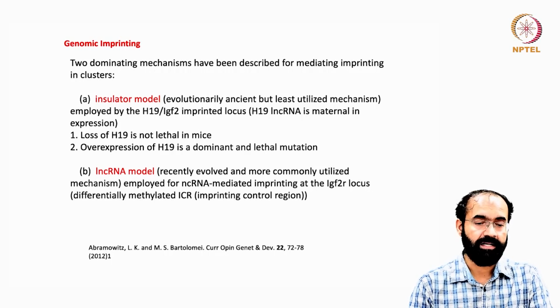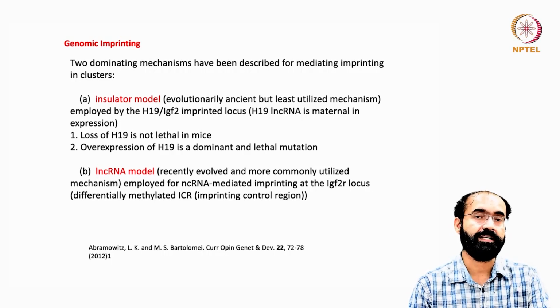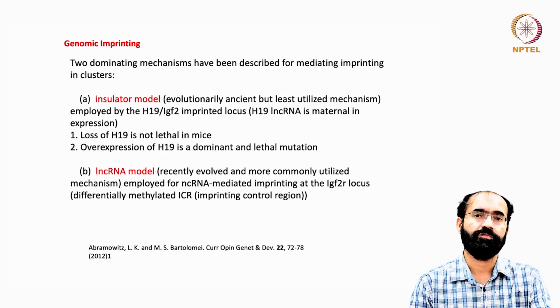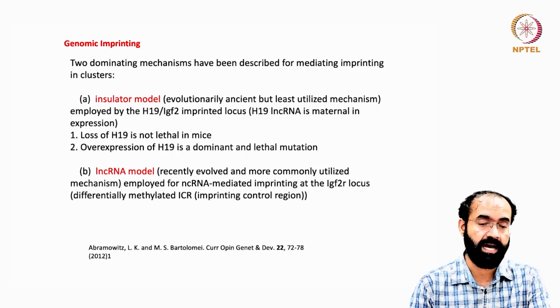And another model is the ncRNA model, model number 2. It is a recently evolved and more commonly utilized mechanism. Recently means on an evolutionary time scale, not a couple of years or something. It is for the past few thousands of years. It is the latest evolved mechanism, the ncRNA model.